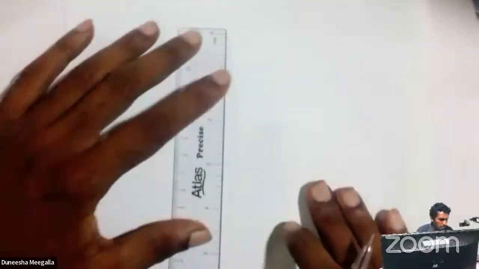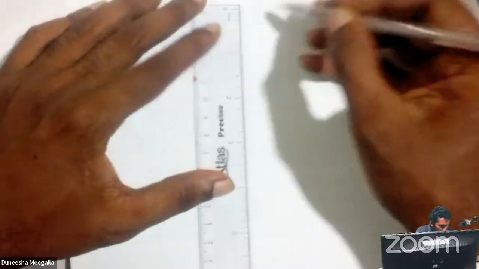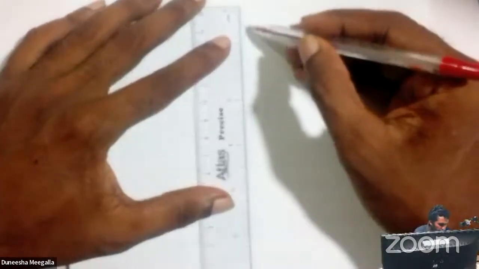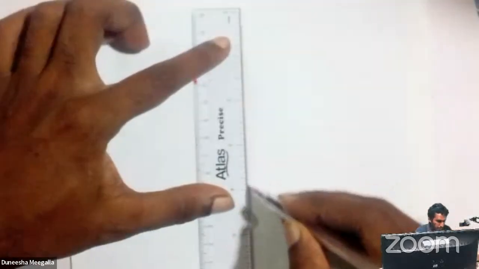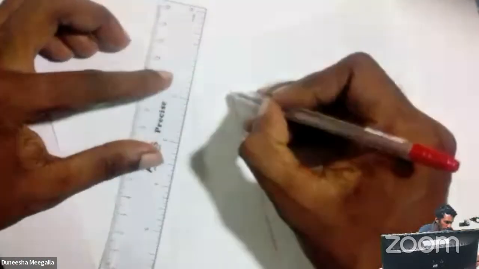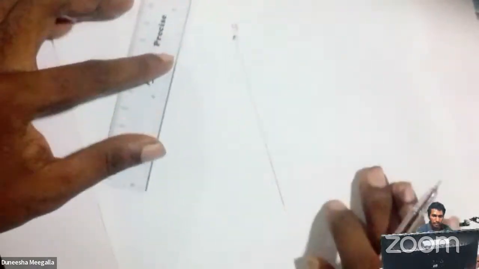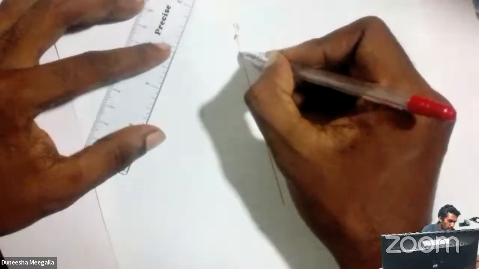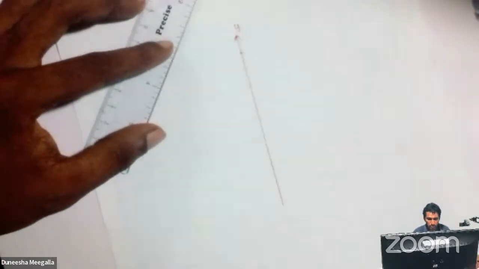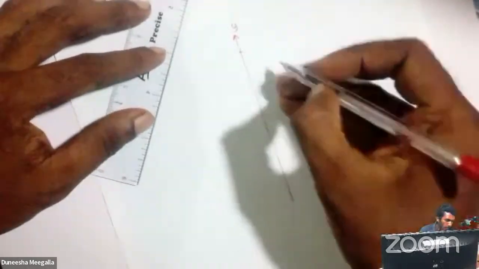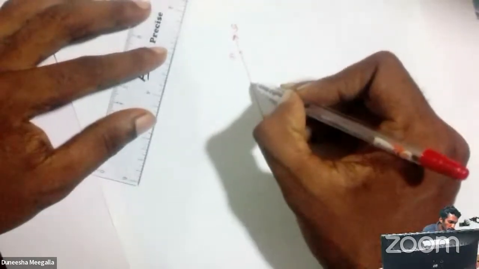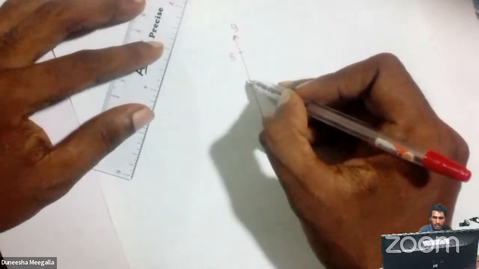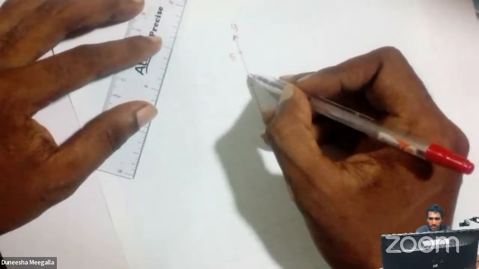Can you see my graph paper? Yes, sir. Okay. Then what is the maximum y? Maximum y is 5. And 10 small divisions equal 1 unit.